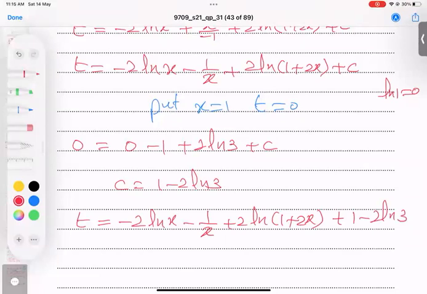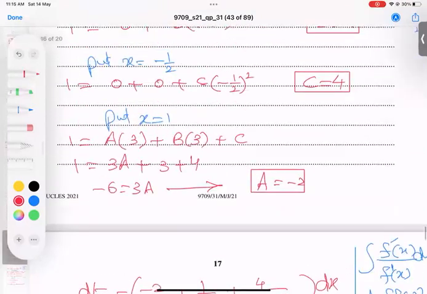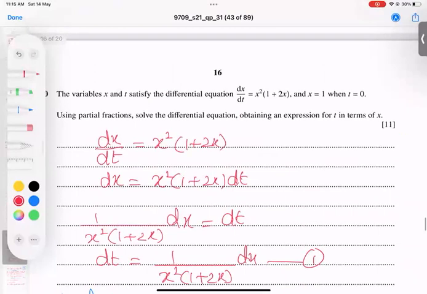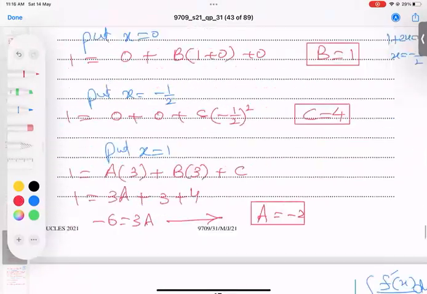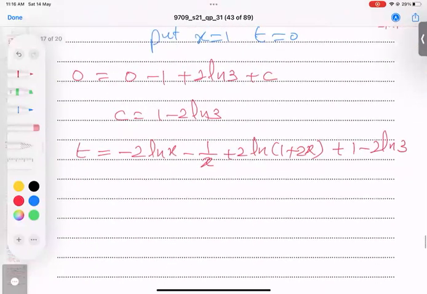I have to reshape it, although I can leave it here because the question says find, make t the subject. I can leave it even here. Or let me read the question. Solve the differential equation, obtain an expression for t in terms of x. If you leave it here, no problem at all.